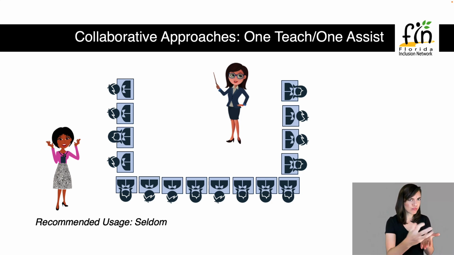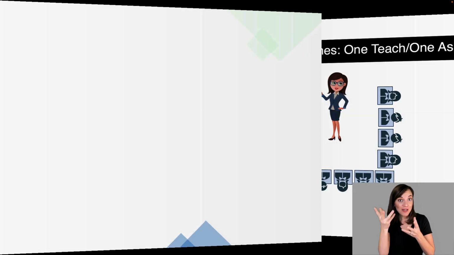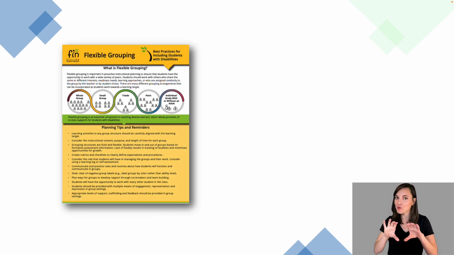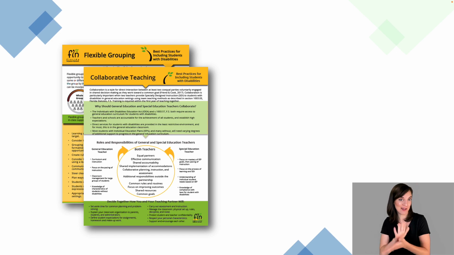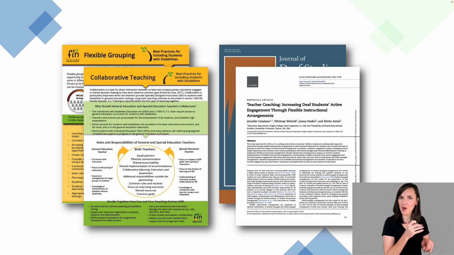The recommended use of this approach is seldom. For more information, check out FIN's Best Practices for Flexible Grouping document and Best Practices for Collaborative Teaching document, and the research paper by Dr. Catalano and colleagues found in the Journal of Deaf Studies and Deaf Education.